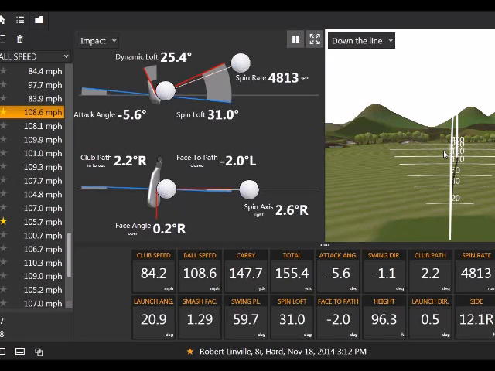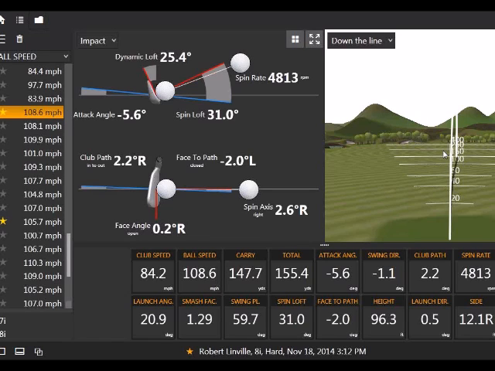So as we go through that, we're able to help somebody identify what they do well and then what's not happening. Because in the end, we want to know, really, why did the ball go where it went? And then what can we do to help make the ball go where we want it to go more often?